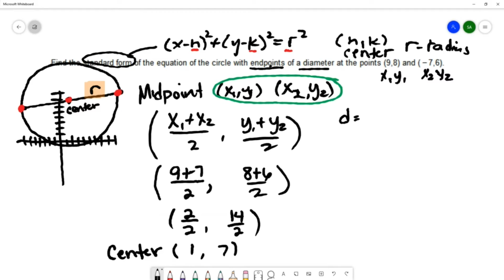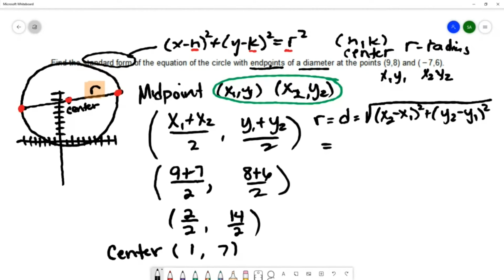That distance is the square root of x2 minus x1 squared plus y2 minus y1 squared. And that calculation is going to give us the distance between our center and one of the diameter endpoints, so it's going to give us the radius.